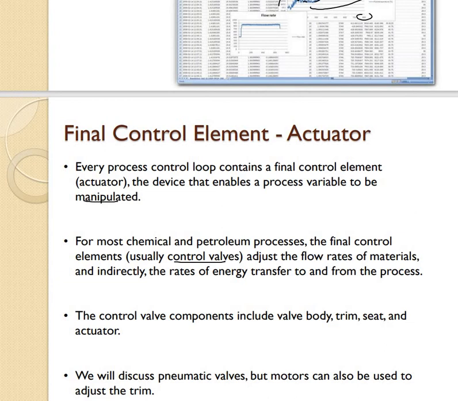This control valve will adjust the flow rate of material and indirectly the rate of energy transferred to and from the process. If our objective is to control the flow rate of material, then at the same time we control the rate of energy transfer to the system.